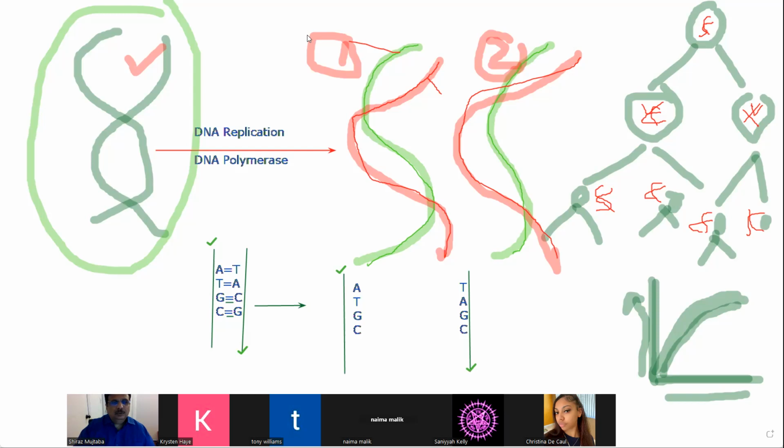So that now the enzyme DNA polymerase comes into the process.